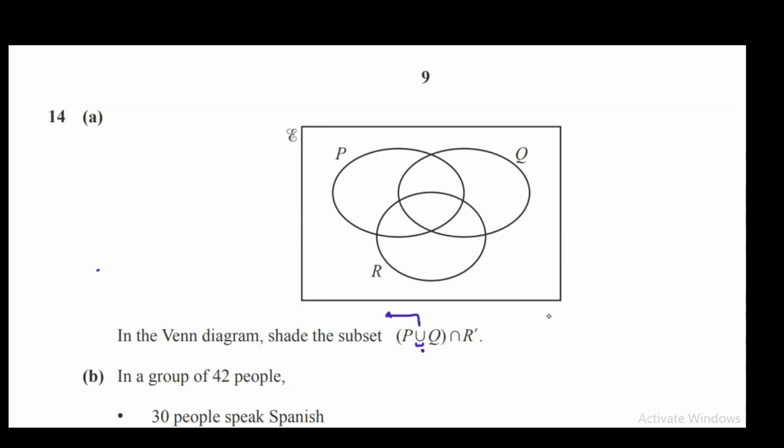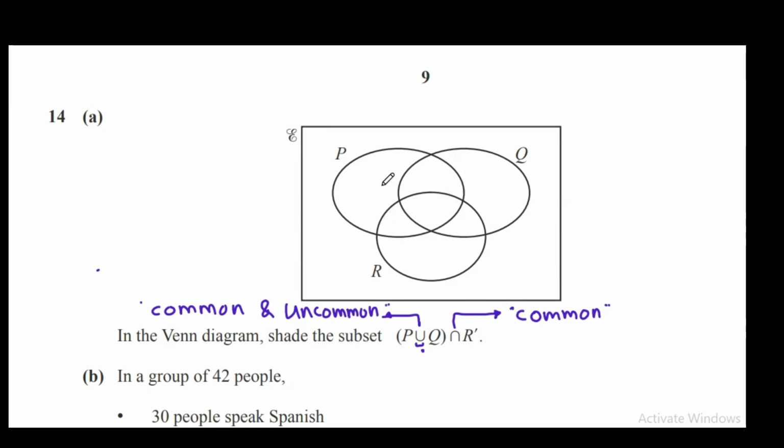This is the union: common and uncommon elements of set P and set Q. And intersection means only the common elements. So first you should know the idea of union and intersection.